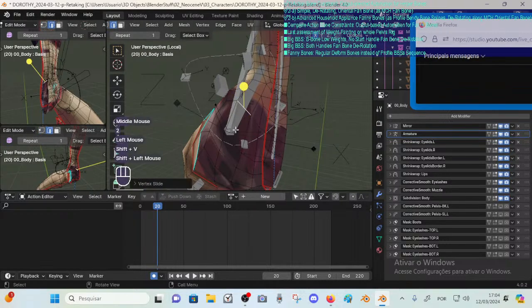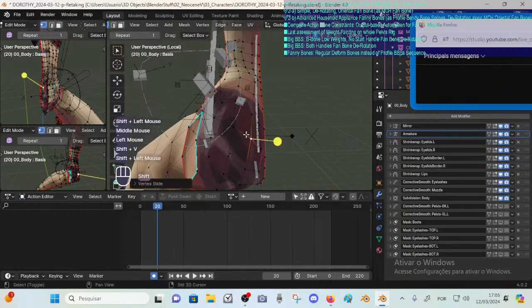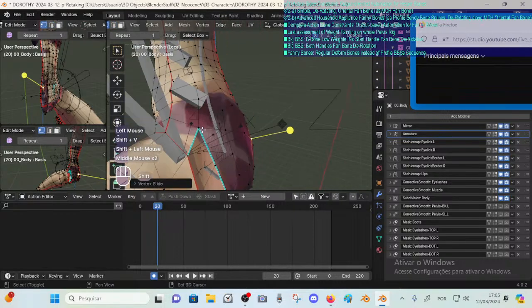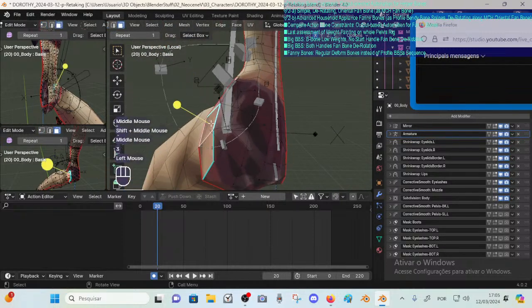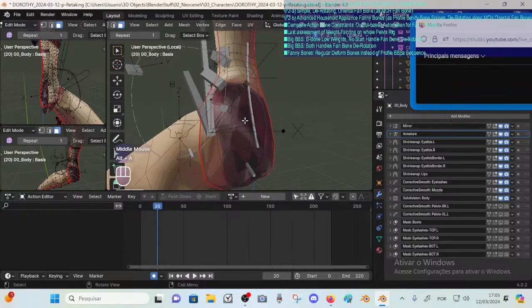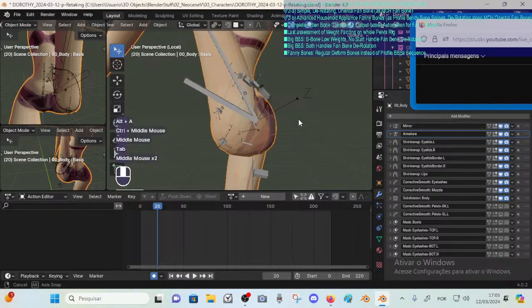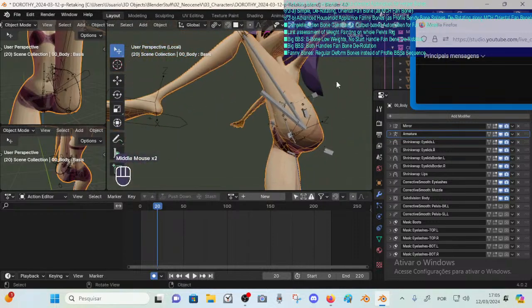So let's try to improve some distribution here. Let's also take off now this clear sharp. Now it's better. All right.